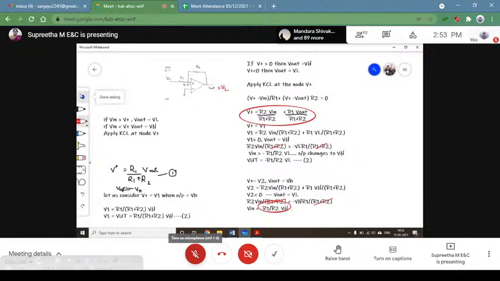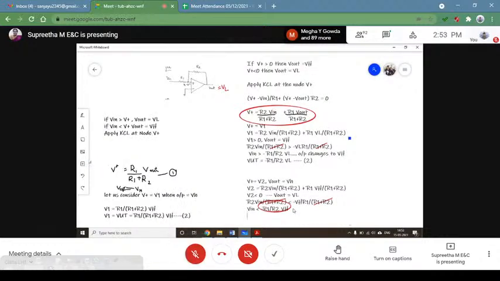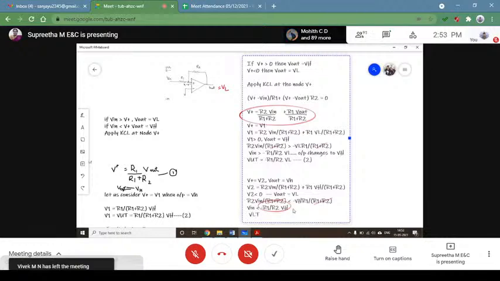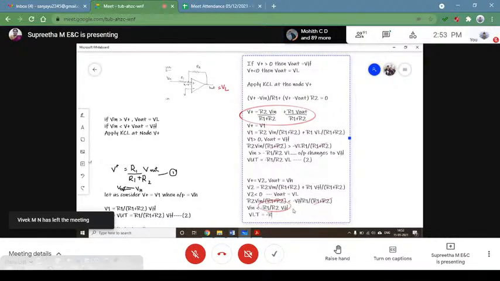Yes? So now we got our lower threshold voltage VLT is equal to minus of R1 by R2 into VH.